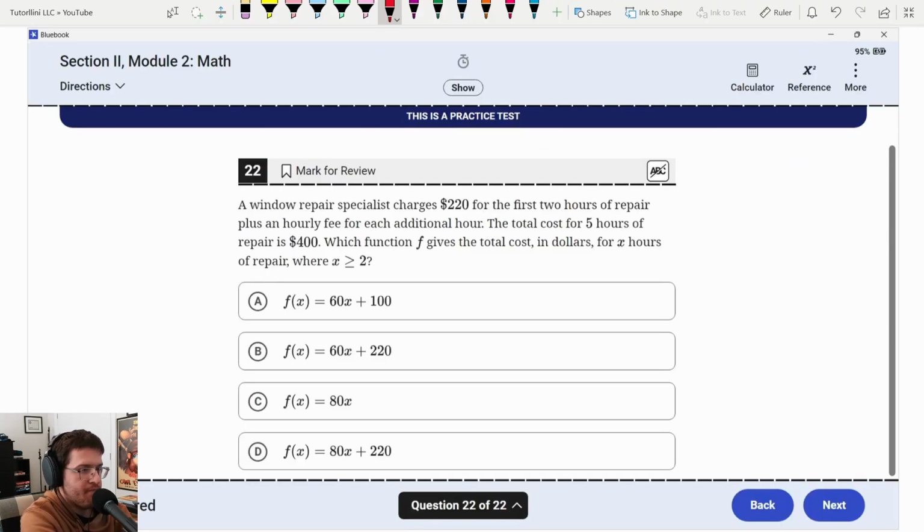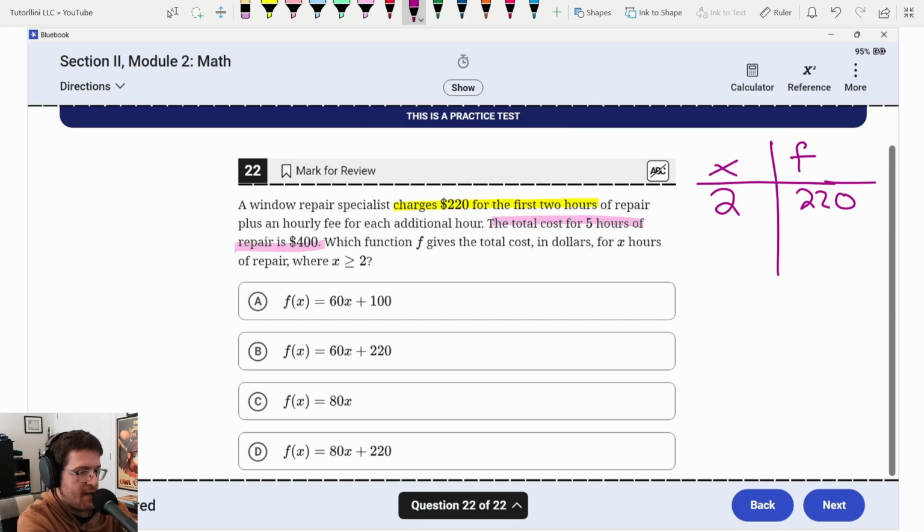Okay, question 22. So I'm going to make a table with x and the y, which is the function f. X, they say, is the number of hours. So this part here is telling me a point. So for 2 hours, he charges a total of $220. And then this one here tells me another point.